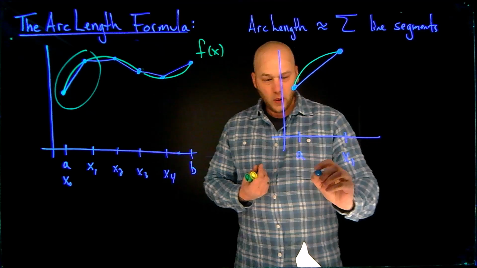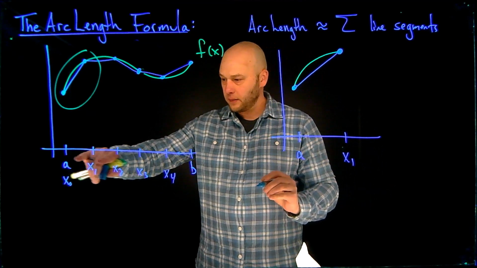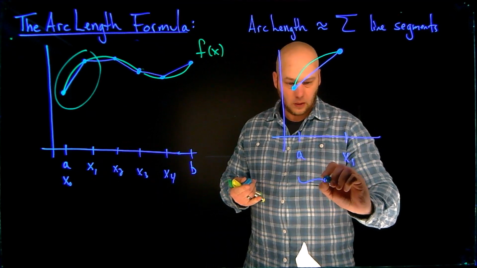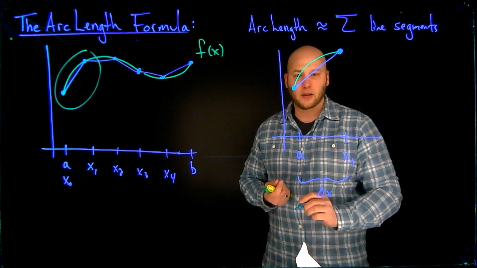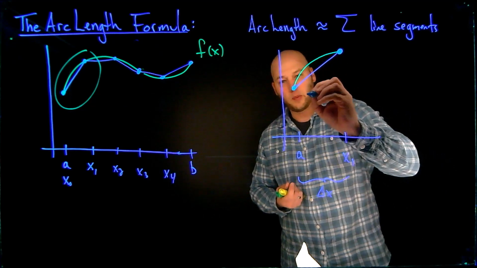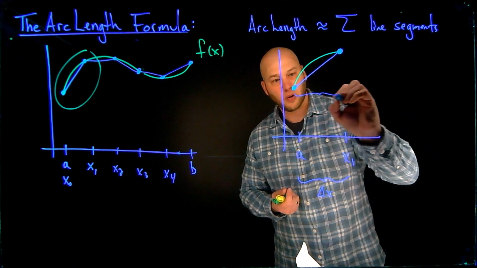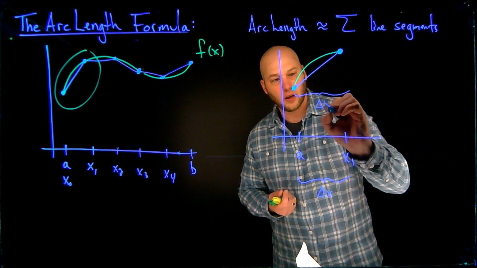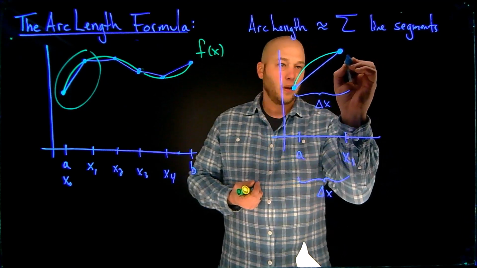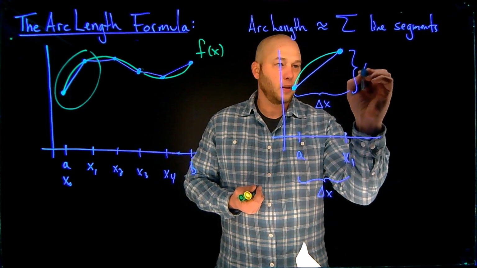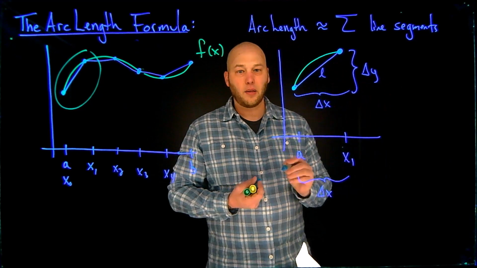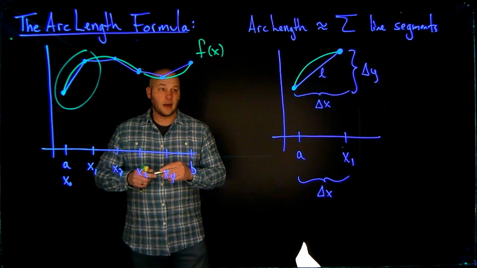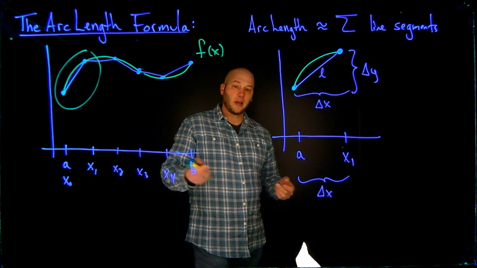Now, we want the distance on the x-axis. I will call this the change in x. So this portion right here would be the change in x, and this portion right here would be the change in y. Ultimately, what I'm looking for is the length L. Now, how is the length L related to those two things?